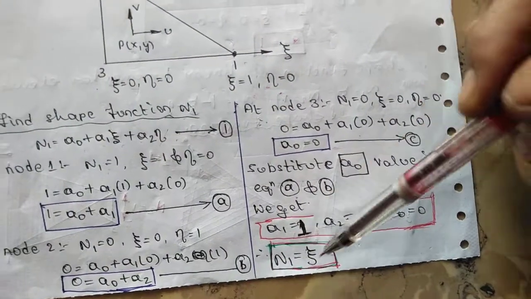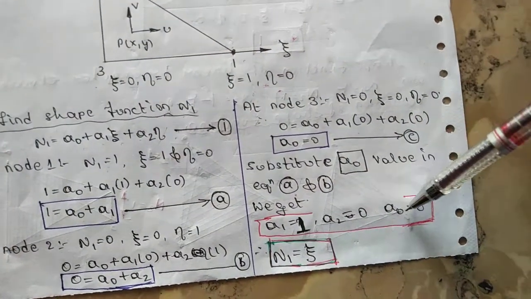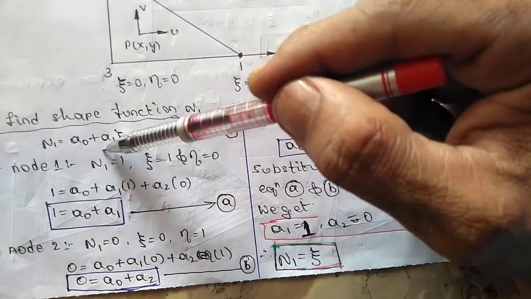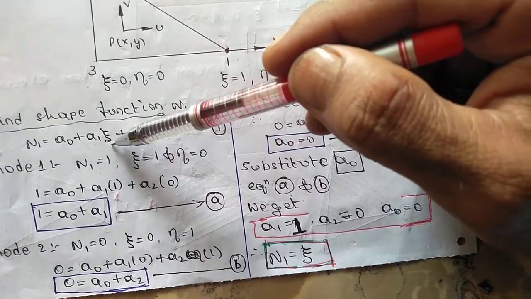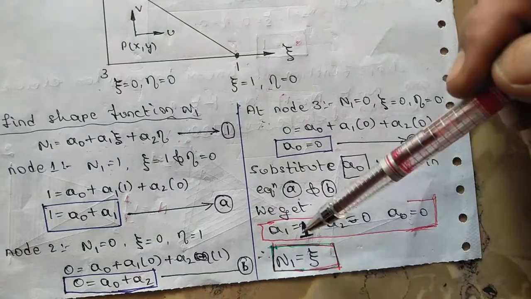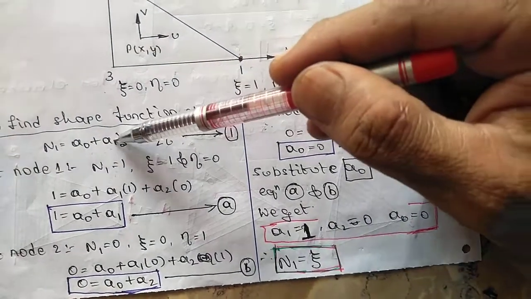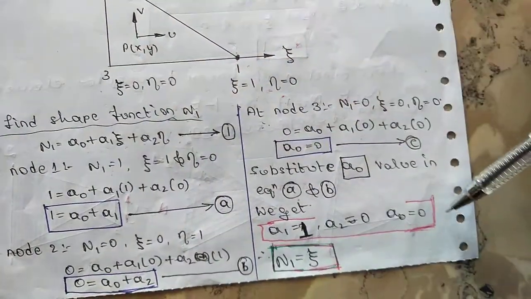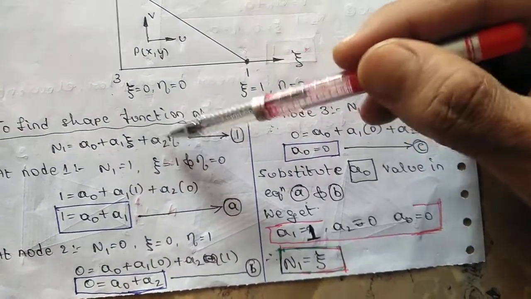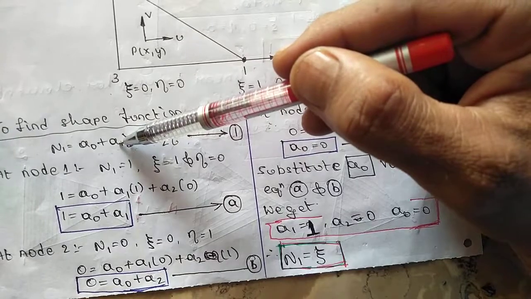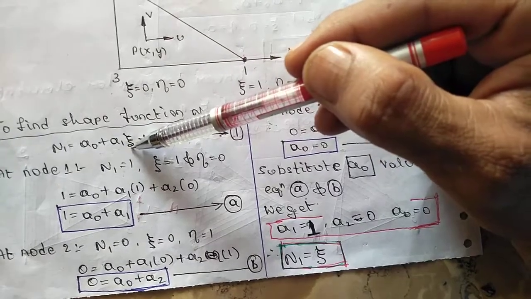After getting these values, when we substitute, a0 is 0, a1 is 1 times xi, and a2 is 0, so the eta term will be 0. So we will get only xi.